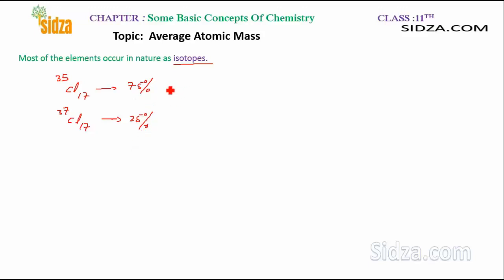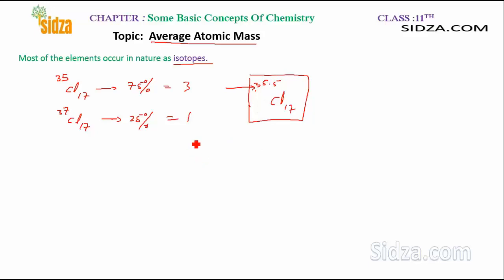Elements like these, which exist in the form of isotopes, we express their atomic masses as average atomic mass. For chlorine in the periodic table, you will find the atomic mass is 35.5 AMU, because chlorine exists in different isotopes, and the atomic mass that we take in the periodic table is the average atomic mass.